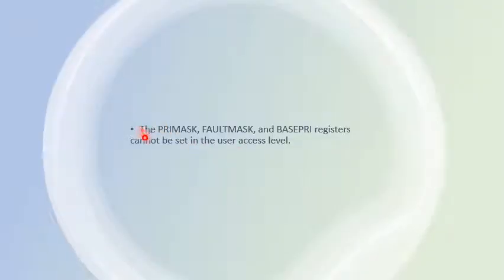One thing you need to note is that the PRIMASK, FAULTMASK and BASEPRI registers cannot be set at the user access level. You need the privileged level to do that. How can we do that?